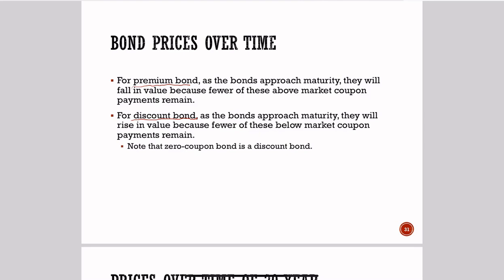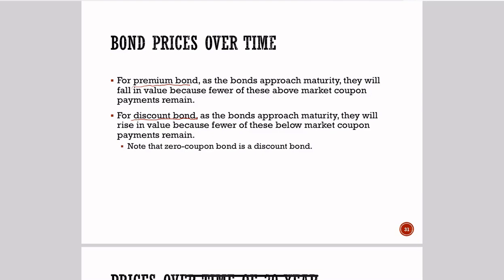Now the same logic applies to a discount bond, right? Why is it a discount bond? Because the coupon rate is lower compared with the interest rate, which means that as an investor, you would suffer initially because the coupon rate was below the market rate, right? You were not happy.